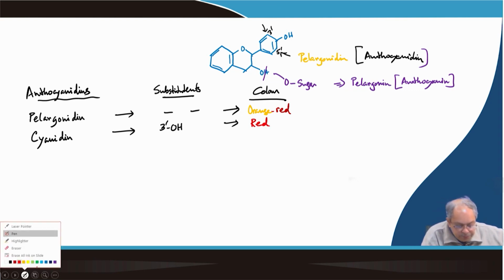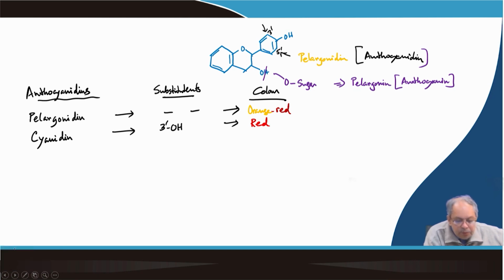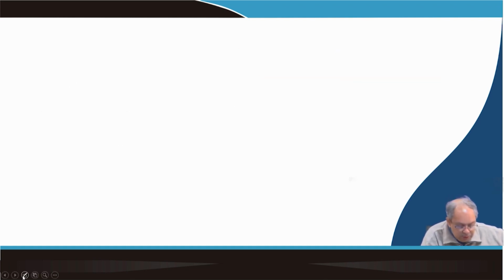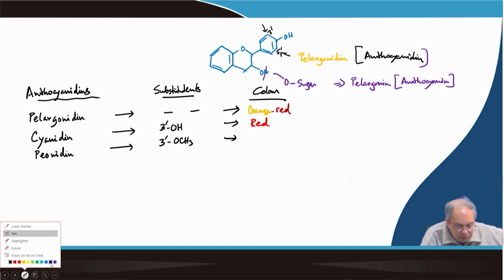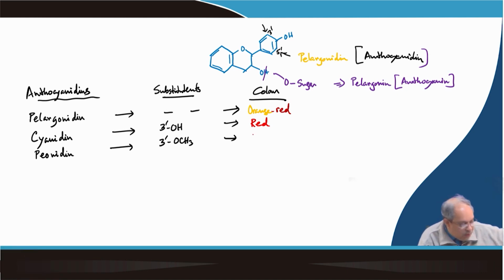Peonidin, 3 prime will now be OCH3, color will be pink, red.